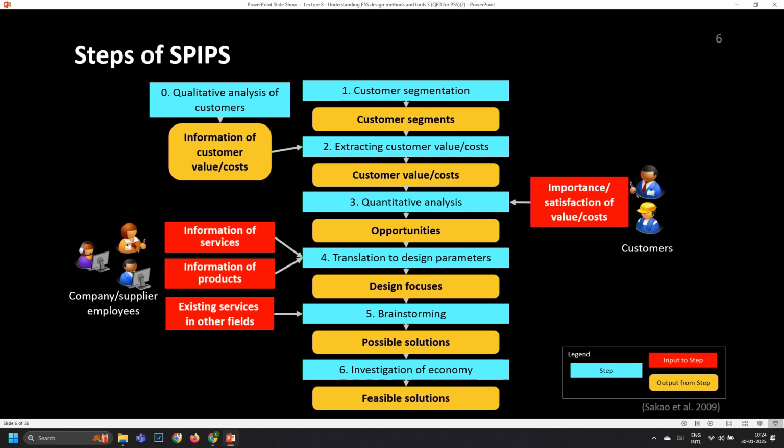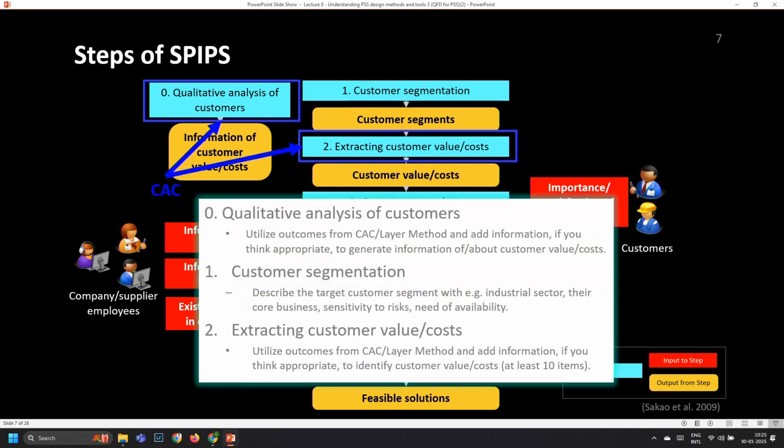So we call the procedure SPIPS, and it starts with analysis of customers, step 0 on the left-hand side. And in step 1 at the top, you may want to segment different customers and extract customer values, or sometimes customers' cost or customers' risks as well.